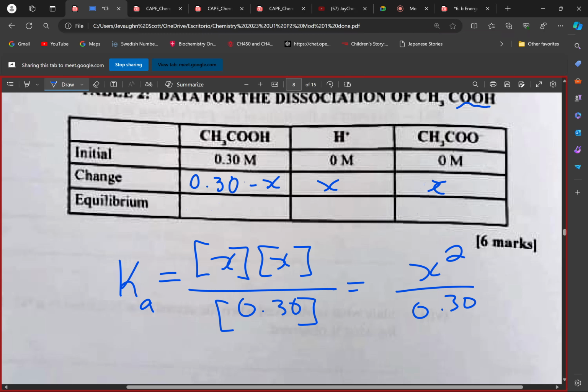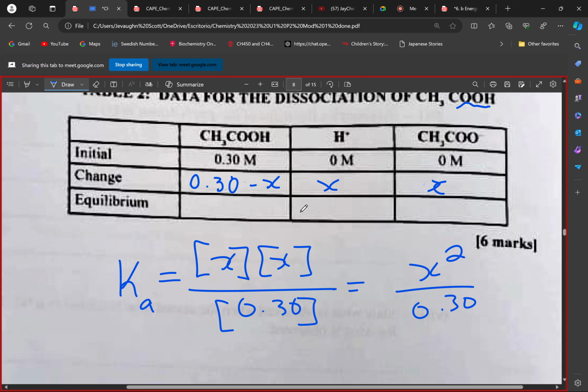We can't solve for anything. Remember, I do anything different from your own. I don't have 0.3 minus x. I get 0.3 minus 2x at equilibrium.